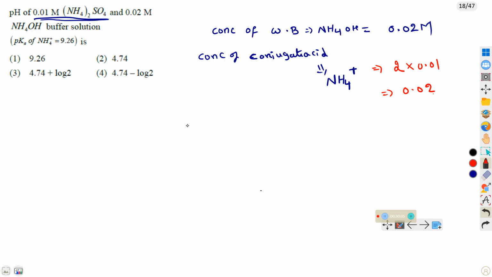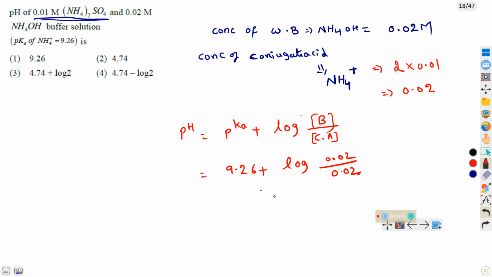Now weak base and its salt of strong acid, it is considered as an acidic buffer. pH is equal to pKa plus log of salt concentration by acid concentration, or it can also be written as base concentration by conjugate acid concentration, that is equal to 9.26 plus log of 0.02 by 0.02.